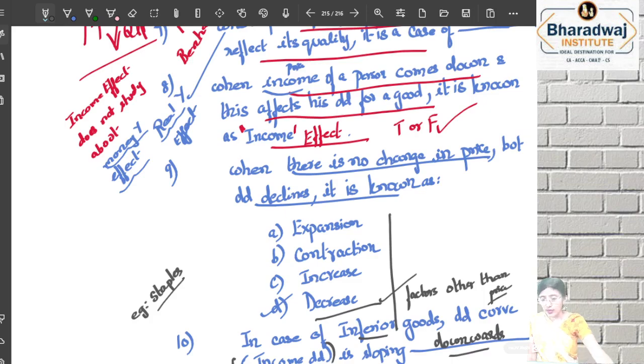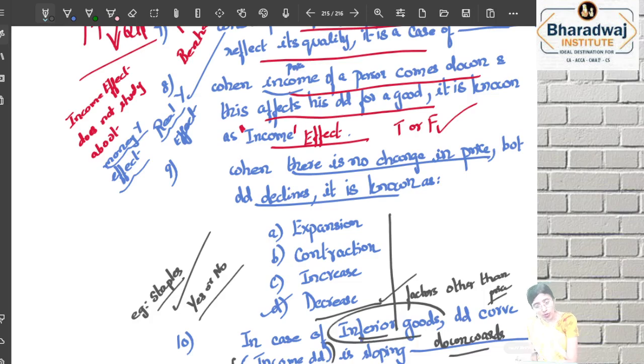Now, another question I have asked. In income demand, inferior goods again imply staples. Yes or no? Answer me. The same question: inferior goods here also imply staples. Yes or no? In income demand also, inferior goods imply staples.